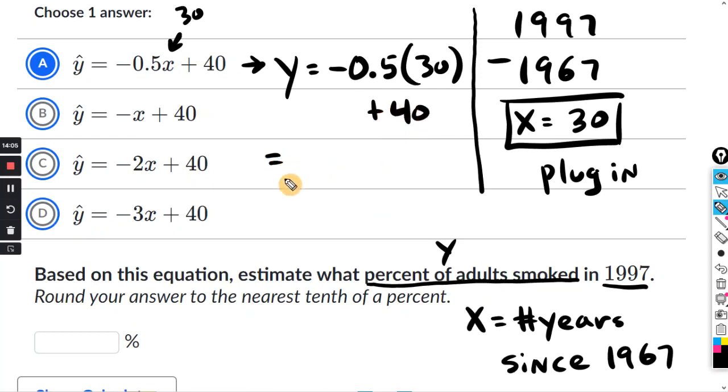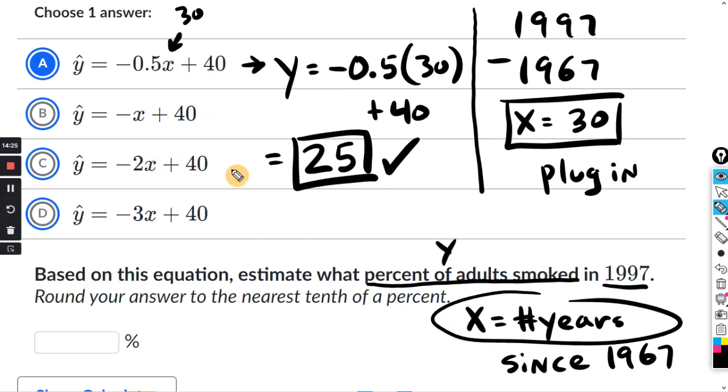You can use a calculator. I can do this in my head. Half of 30 is 15, but it's negative. Plus 40, well, 40 minus 15 is going to be 25. So that right there is your final answer. Like we said at the beginning, the follow-up question, you're going to be plugging in for x and getting the value for y. So click in the box and just type 25.